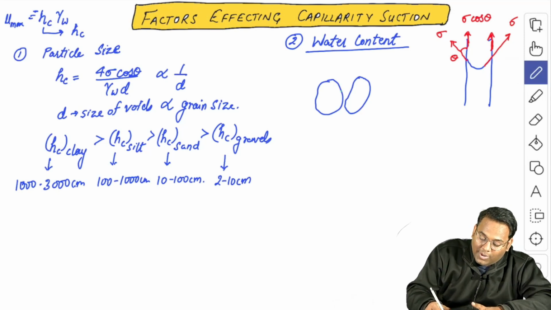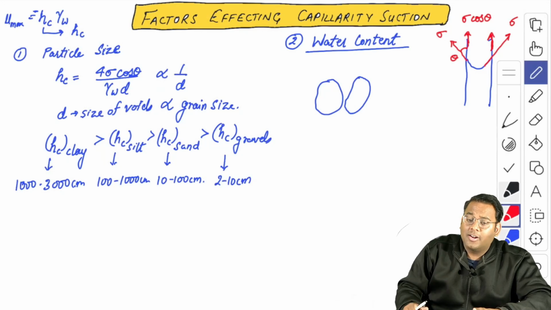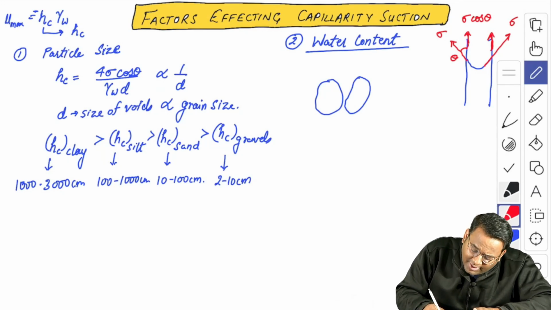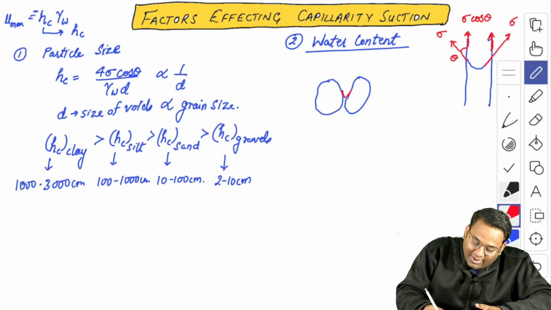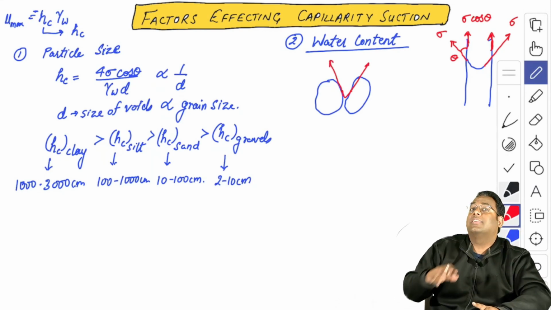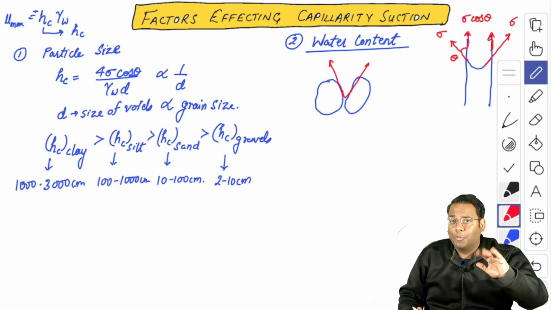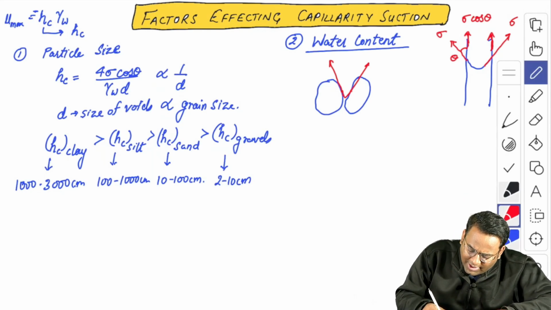If the water content is less, the water will stick along the surface of the solids, and the direction of the surface tension will be in this direction. But that is when the water is less. Now let us suppose the water content is a bit increased. Then what will happen here?